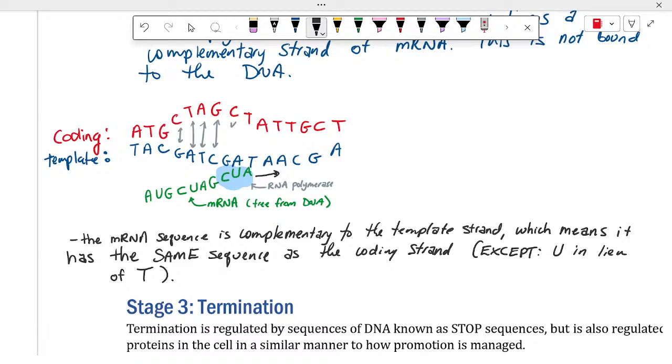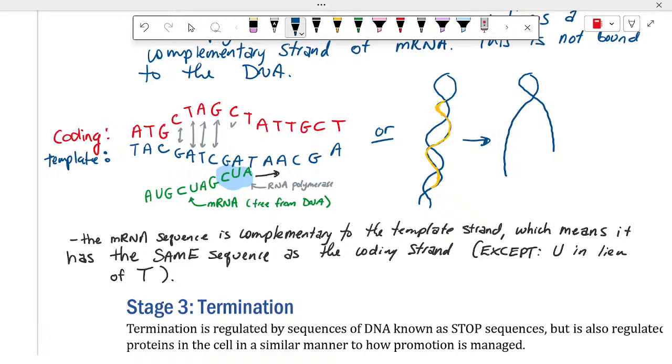And again, just to look at this in a slightly more schematic way, we start off with DNA, right? And maybe this section of it is the gene we want to make a copy of. So then what will happen is that RNA polymerase will come along to open that up.